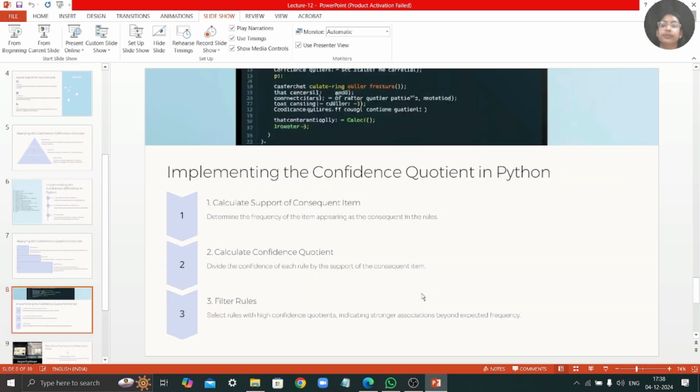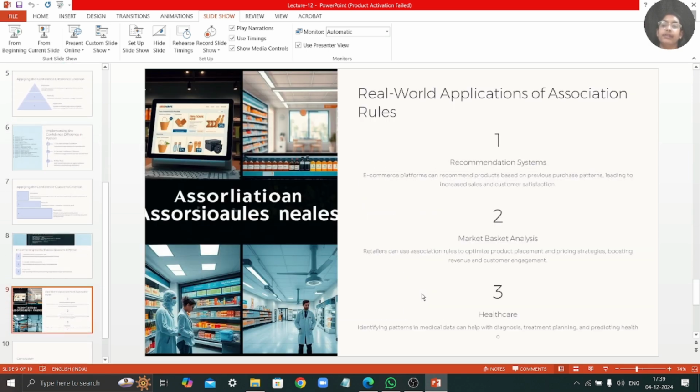And then we can have a look at the real world applications of association rules. A very nice example of this is a supermarket. And we have recommendation systems. E-commerce platforms can recommend products based on previously purchased items, leading to increased sales and customer satisfaction. This is a bait for us on e-commerce websites.